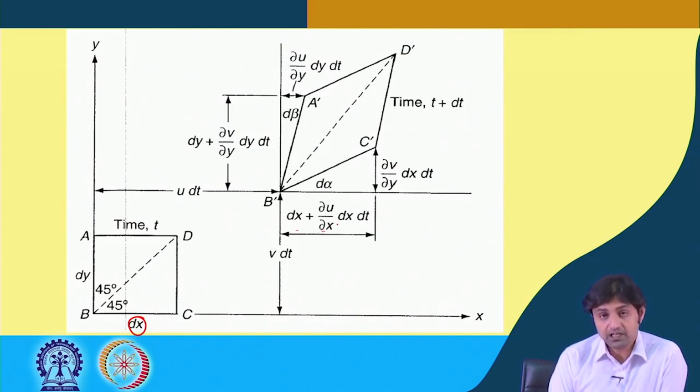If it is del u del x, then the total change, this length is going to be del u del x into dx into dt. All right. So, this is the total distance.